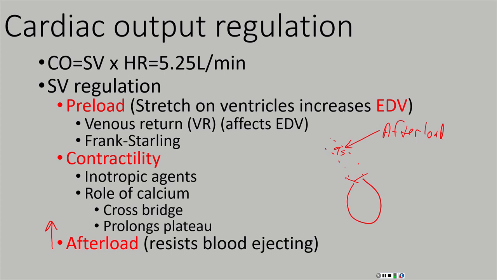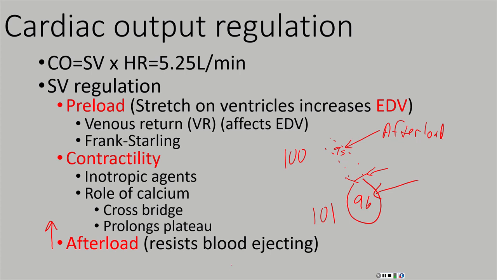At which point will those aortic semilunar valves open? Well, now we have to squeeze until the pressure in the ventricle is 96. Or if this number were 100, then we would have to squeeze until we got to 101. So when that bottom number of your blood pressure is up, it means your ventricle has to work harder before blood is ejected.